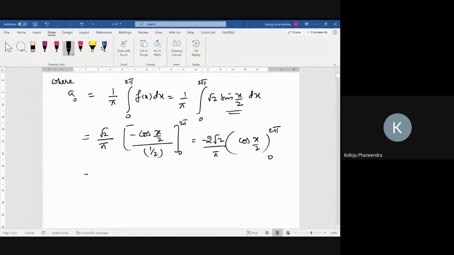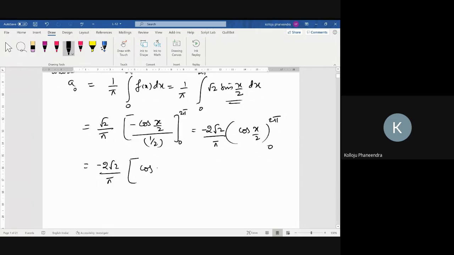Substituting the limits, minus 2 root 2 by pi, upper limit first, cos in place of x, 2 pi, so cos pi, minus cos 0, which is 1. What is the cos pi value? Minus 1. So minus 1 minus 1 is minus 2. So finally 4 root 2 by pi. A naught value is 4 root 2 by pi.